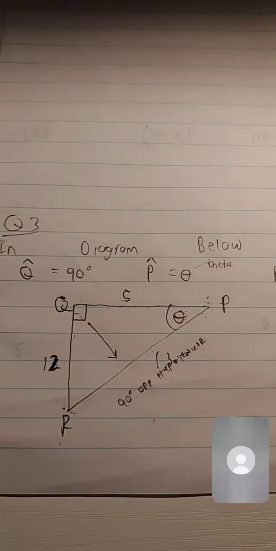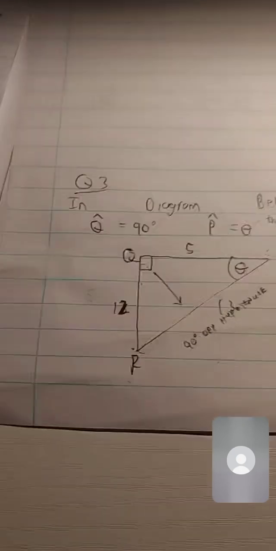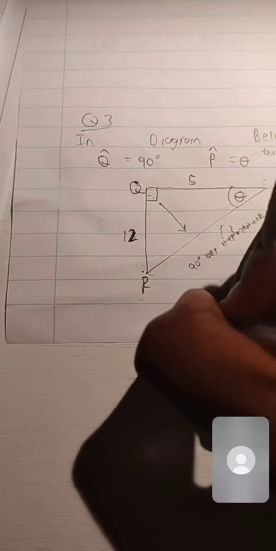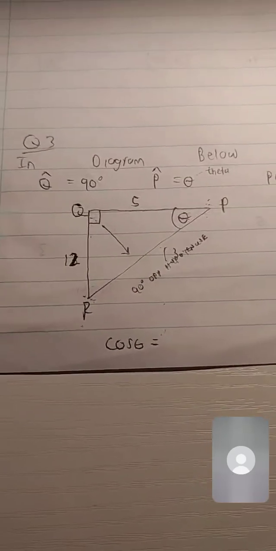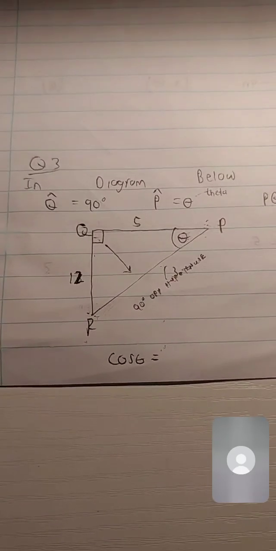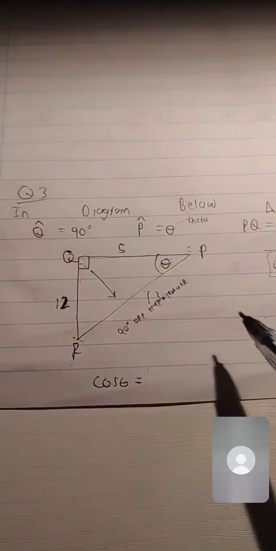Okay, so anyways, what is cos theta then, my dear? Give me the numerical value or the fraction that represents cos theta. Here's the diagram: you have 13, you have 12, you have 5.